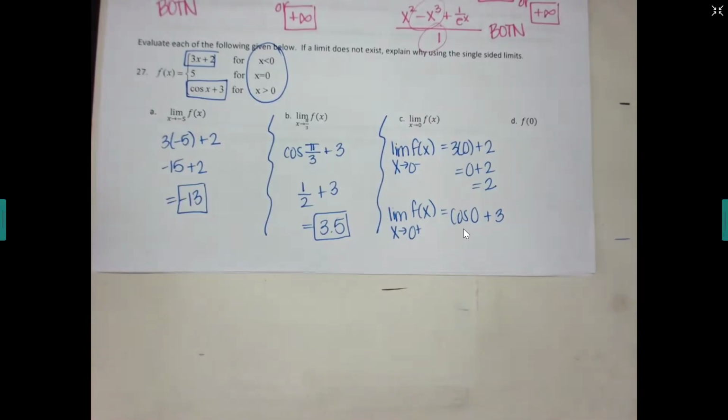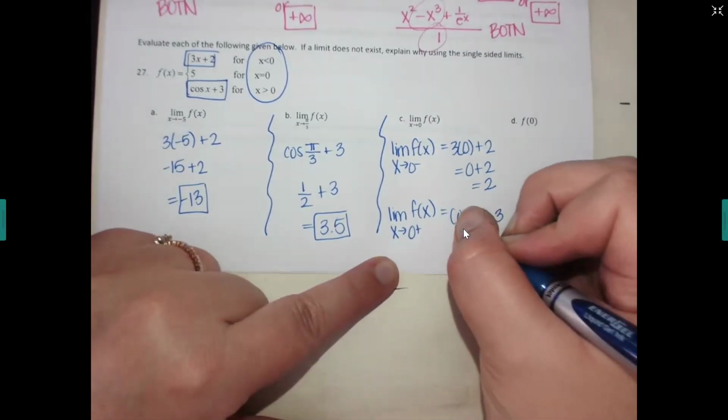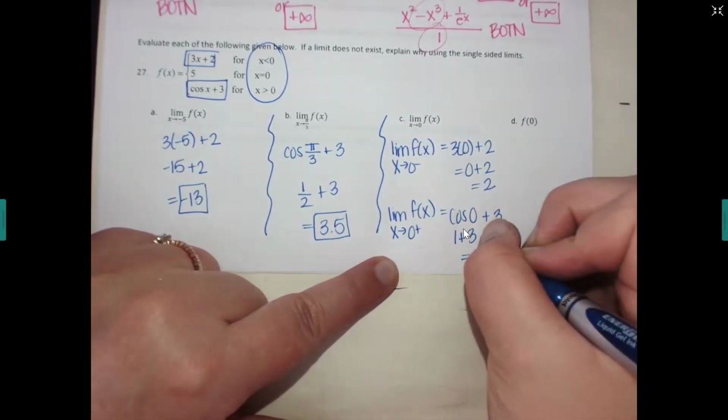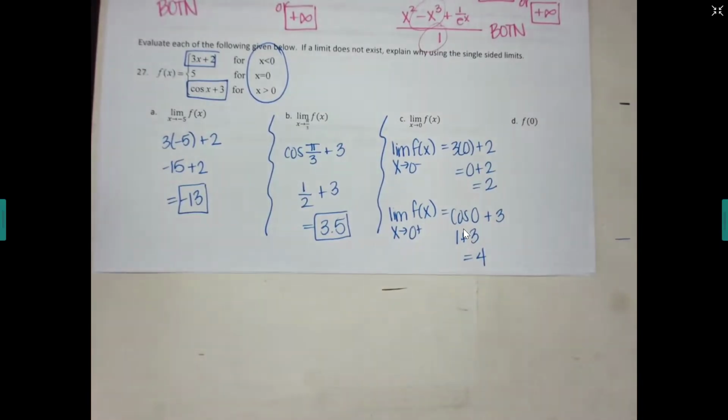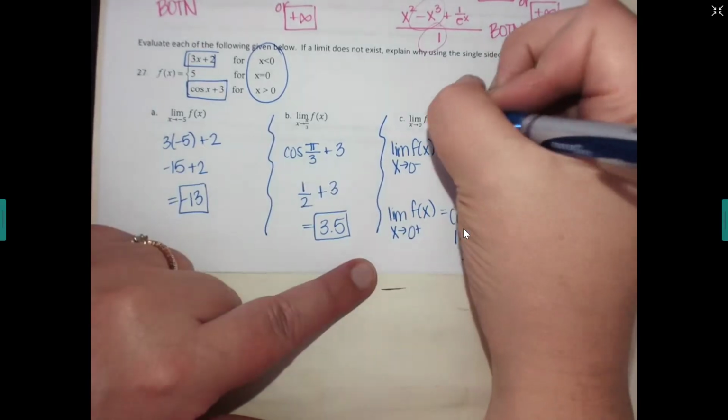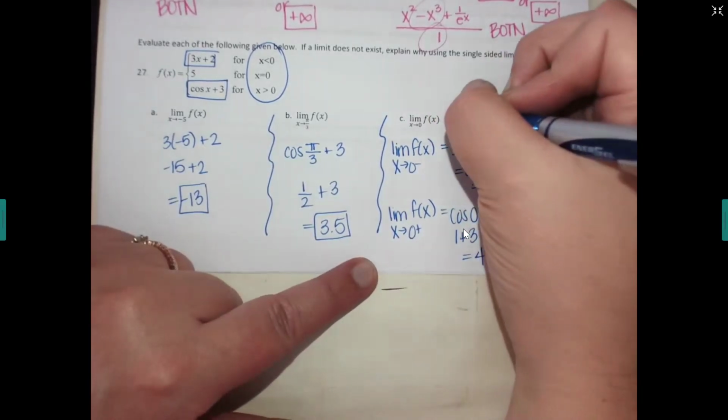How many are there? 4. So then remember, you square root it, put it over 2. What's the square root of 4? 2. 2 over 2 is 1. So that's 1 plus 3, which is 4. So my left side is 2. My right side is 4. What does that make my limit? DNE, very good.